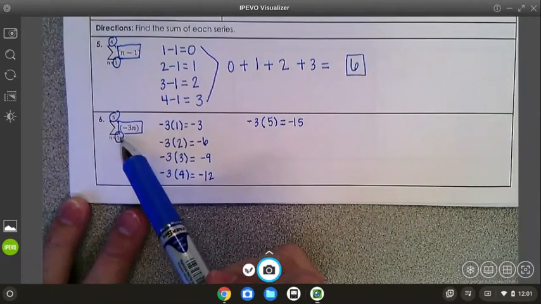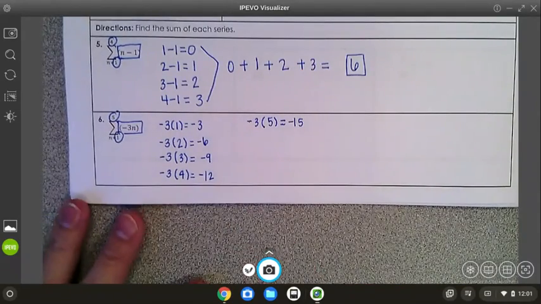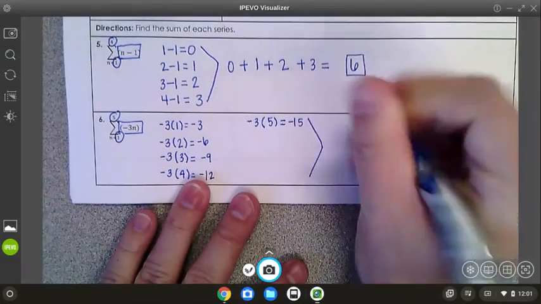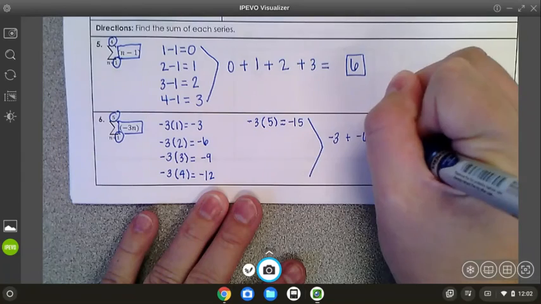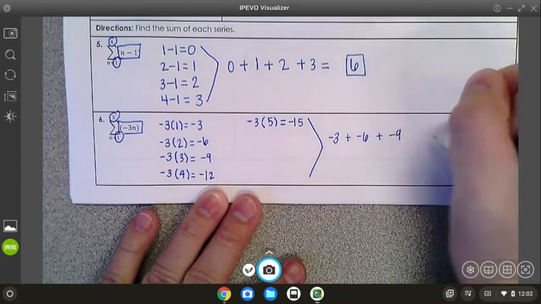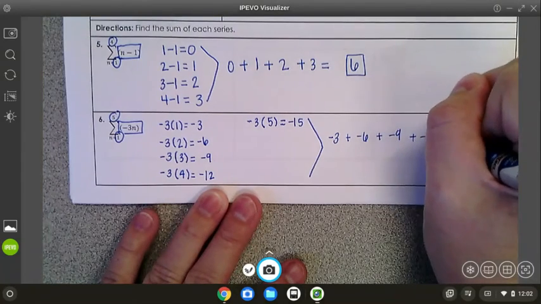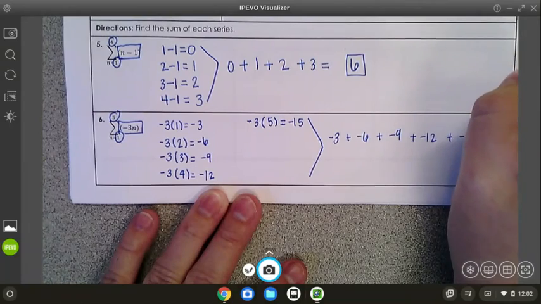So I did all the numbers between 1 and 5. I stopped at 5. And now we're going to add -3 plus negative 6 plus negative 9 plus negative 12 plus negative 15.